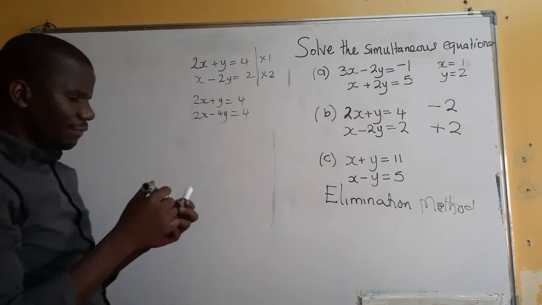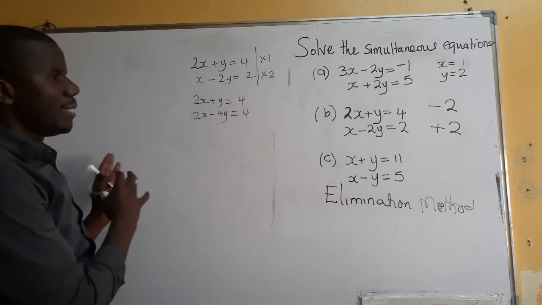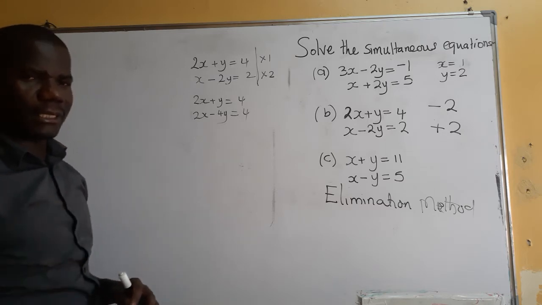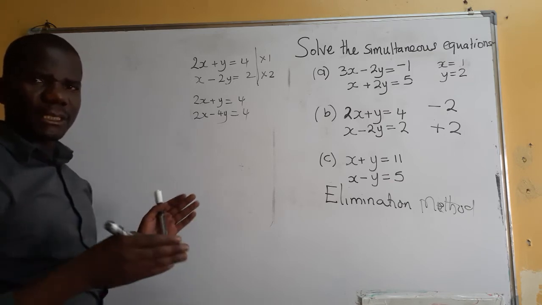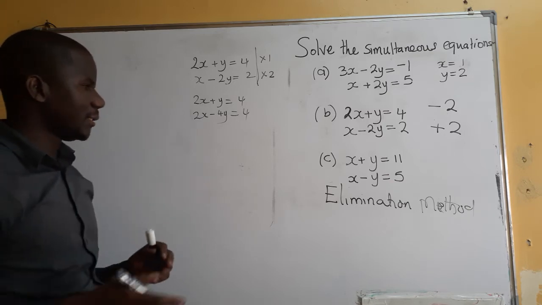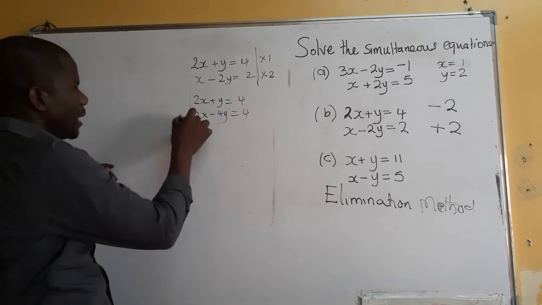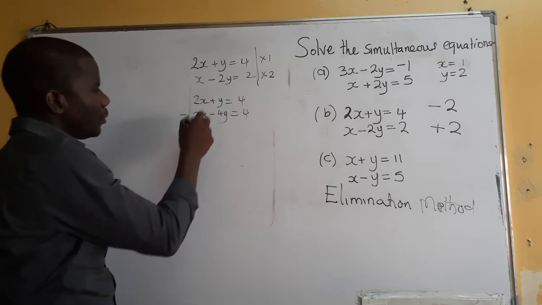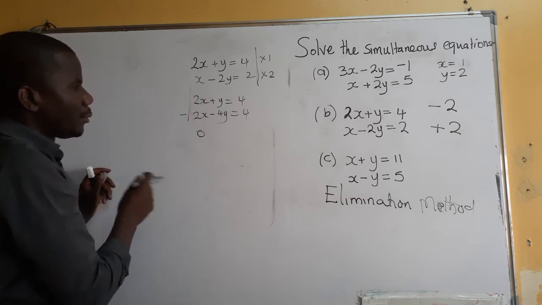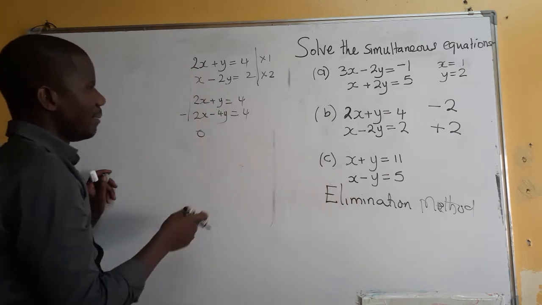And I mentioned that when we have the same coefficient and the signs are the same, to eliminate, you need to subtract. Okay? So we are going to subtract here. 2x minus 2x will be 0. So that means we have eliminated the x variable.